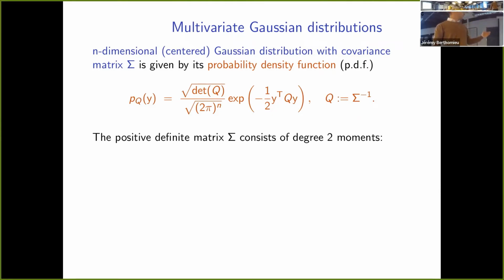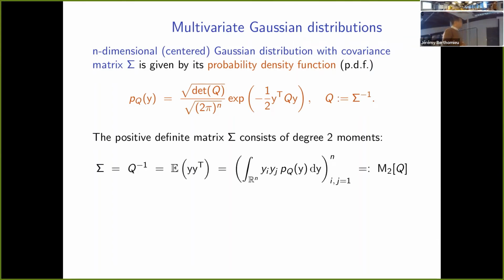Now the positive definite matrix sigma, which is known as the covariance matrix, consists of degree 2 moments of this probability density. You can easily see that if you integrate products of variables against your Gaussian density, you will obtain the covariance matrix sigma.